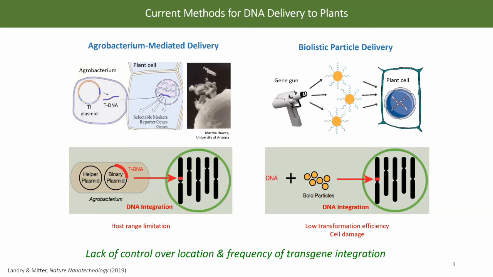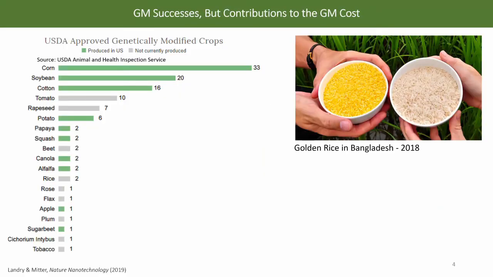So with both of these methods, there's a lack of control, both over the frequency of transgene integration, especially for biolistic delivery, and also the location, which could potentially disrupt endogenous genes through integration of the transgene or other parts of the plasmid in the plant host genome. So these drawbacks aside, genetic modification of plants has generated still a lot of success.